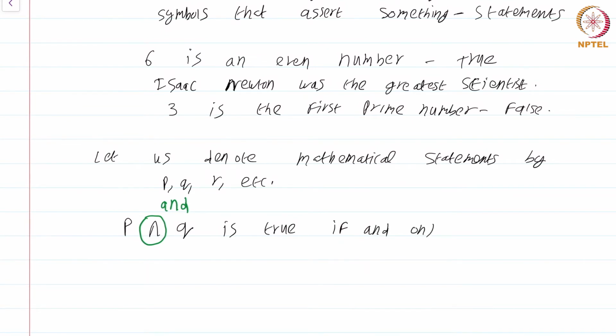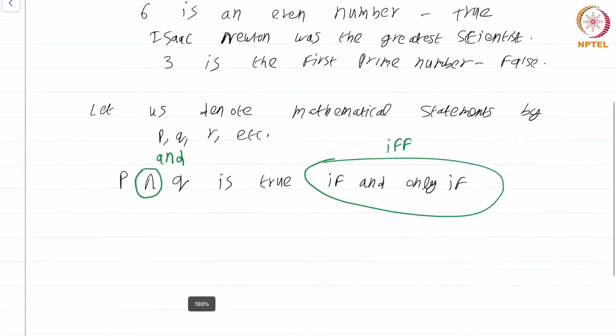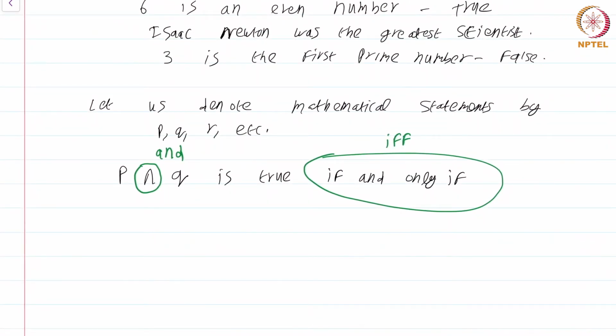Now this combination of words, if and only if, arises so frequently in mathematics that the famous mathematician and textbook writer and expositor Paul Halmos developed a shortcut which we will borrow: if and only if, as IFF. So the statement P and Q is true if and only if both P and Q are true.